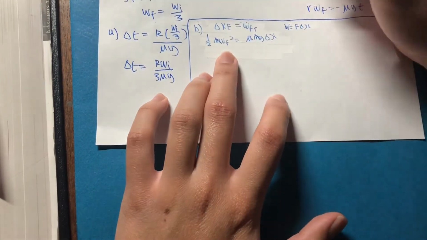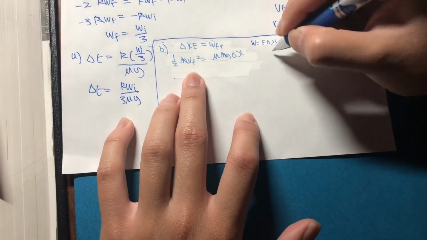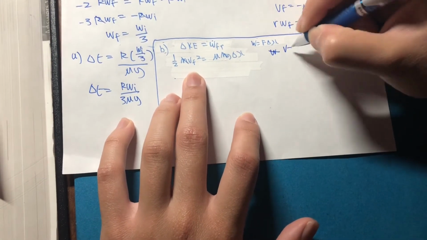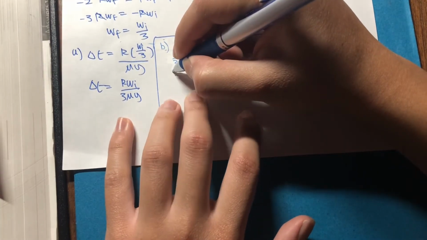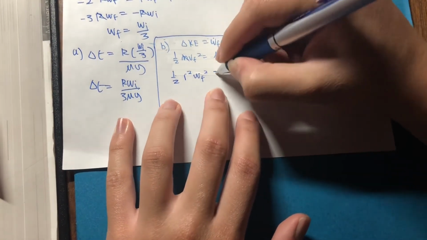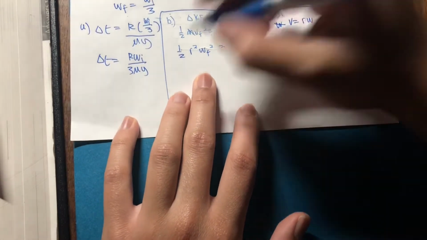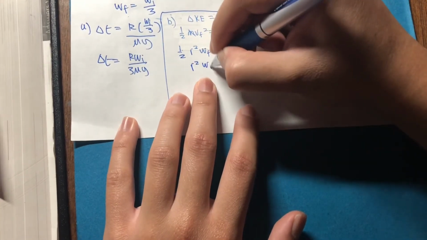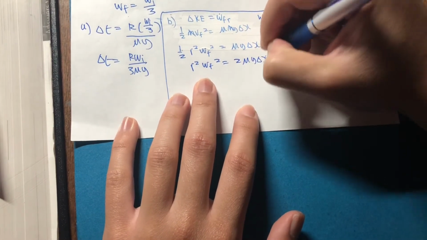One mass cancels out, and you can rewrite velocity final as r omega, since velocity equals r omega. So you can write half r squared omega final squared equals mu g delta x. Multiply the 2 over, r squared omega final squared equals 2 mu g delta x.